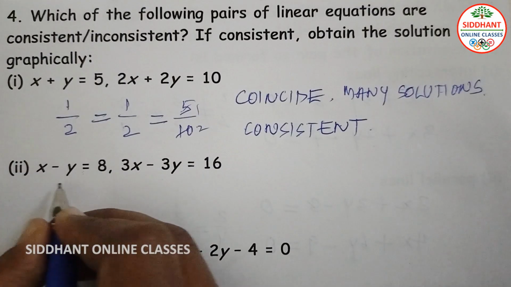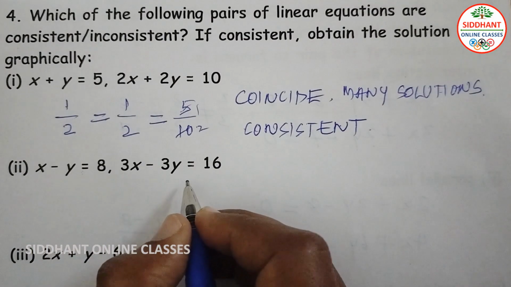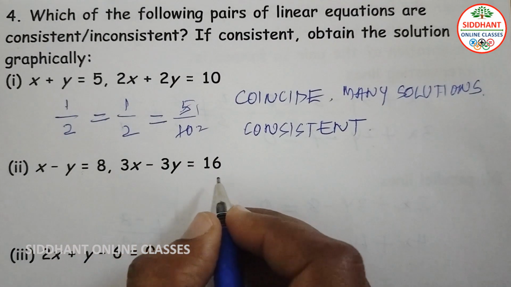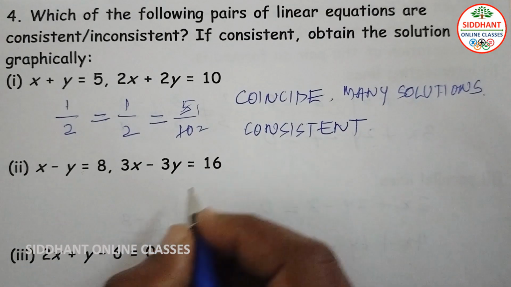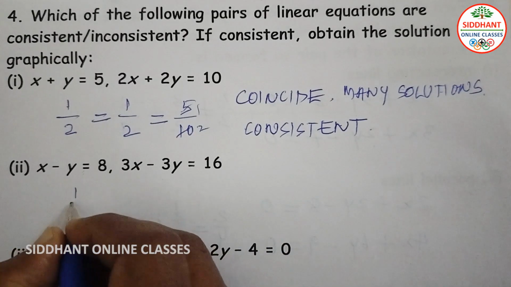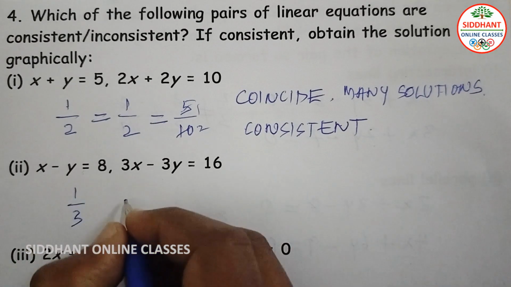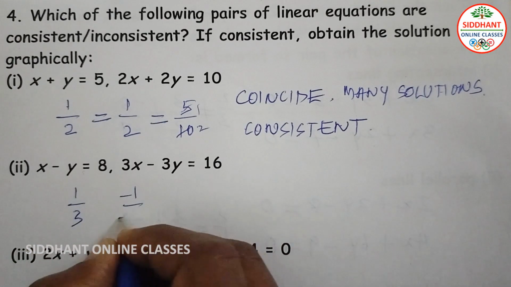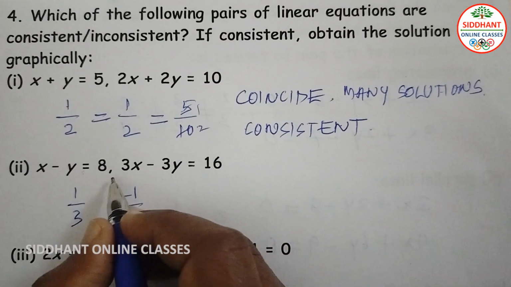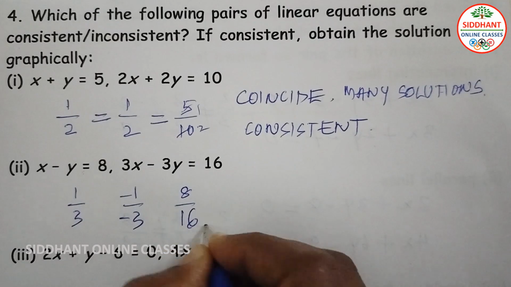Second one: x minus y equal to 10 and 3x minus 3y equal to 16. Here we compare a1 by a2, which is 1 by 3, b1 by b2, which is minus 1 by minus 3, and c1 by c2, which is 8 by 16, that is 1 by 2.